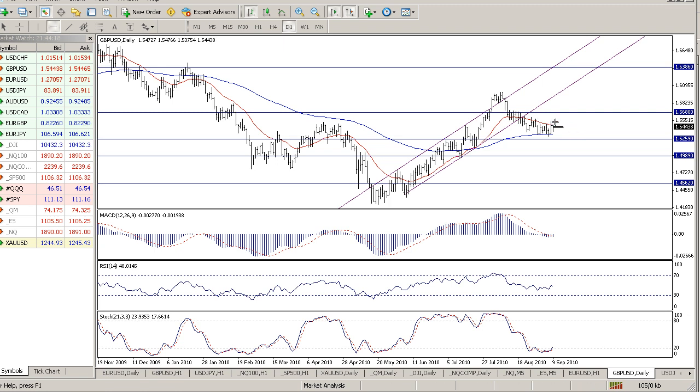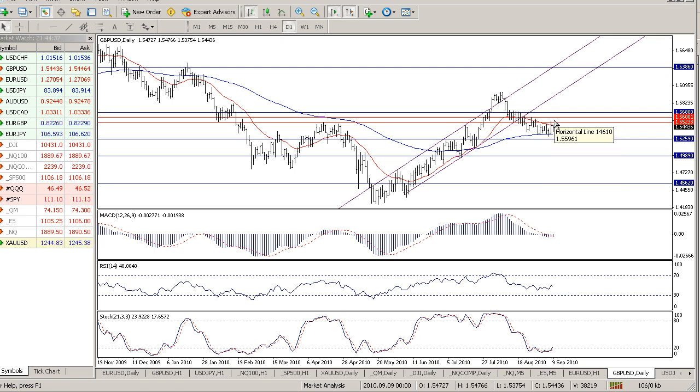What are the major support and resistance levels? Well, major resistance is seen at 156. Before that, there is a minor level at 155.20. Yesterday, the pair briefly broke above the 155 level, but then returned back below it.